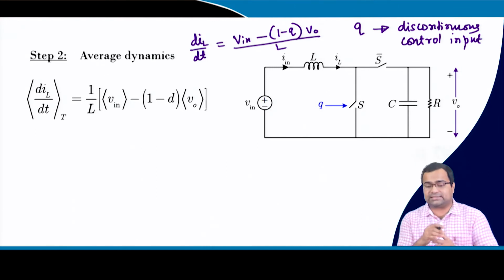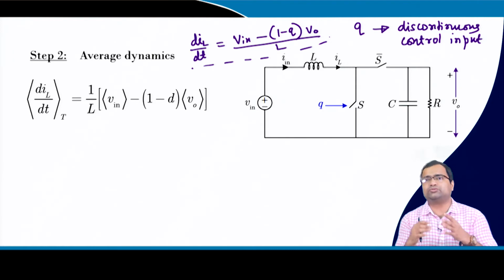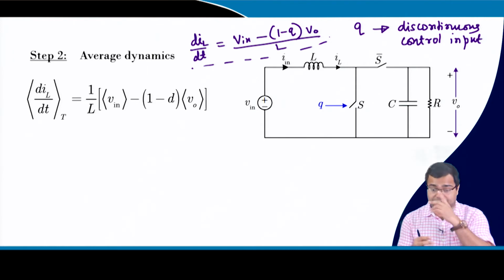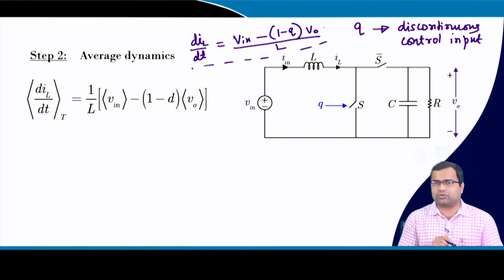and such a system represents a switched linear system where you have a discontinuity. So, you cannot apply any Taylor series, because the Taylor series requires the nonlinearity to be differentiable. That means it should satisfy Lipschitz continuity, but it is not in the current form when you have a discontinuous control input.